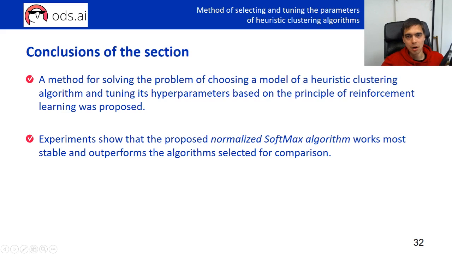As a result, we developed a new method to solve the problem of choosing a model of a heuristic clustering algorithm and tuning its hyperparameters based on the principle of reinforcement learning. Experiments that we carried out showed that the proposed normalized softmax algorithm works most stably and outperforms the algorithms that we selected for comparison that I mentioned on the previous slide.